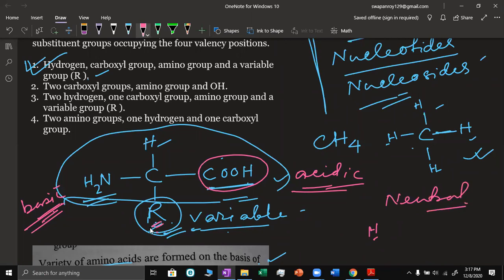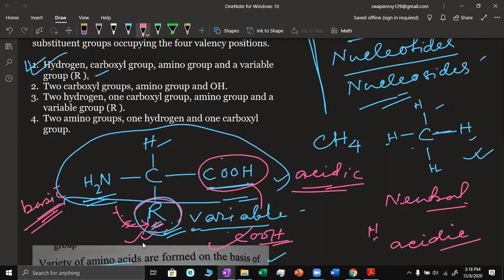And if in the R group there is another COOH, a carboxylic group, then the acidic portion increases. So this amino acid will be an acidic amino acid. And if the R is replaced by another amino group or some other basic one, then that will be a basic amino acid.